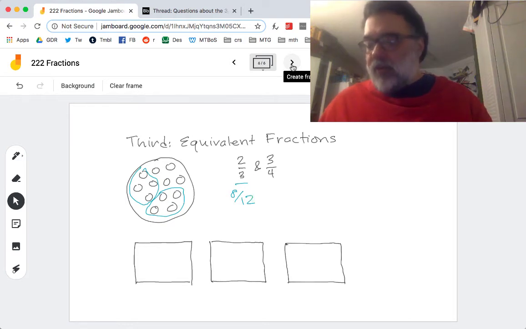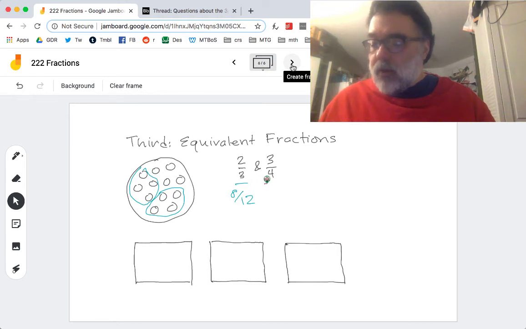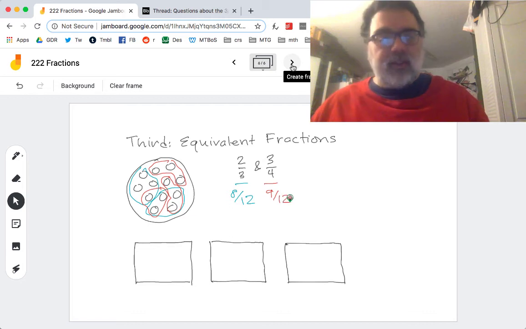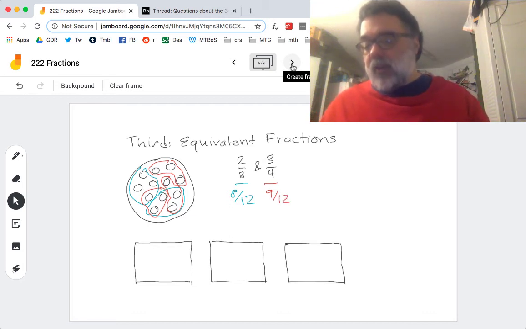And a fourth, if we divided the cookies into 4 parts, that's only 3 of them. But we have 3 of those. So that means 3/4 is the same as 9 out of 12. Well, 9 out of 12 is more than the 8 out of 12.